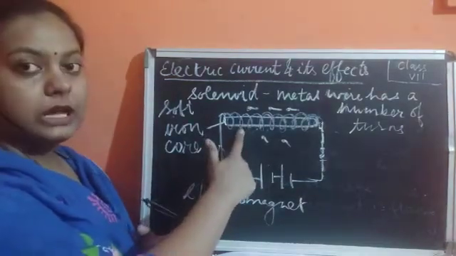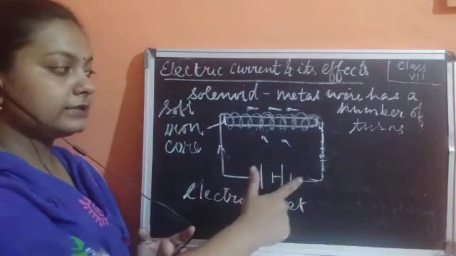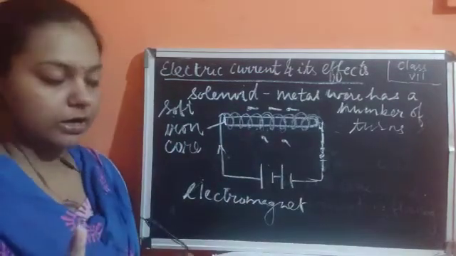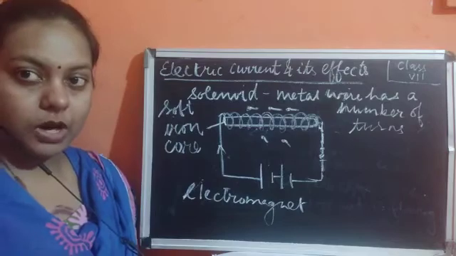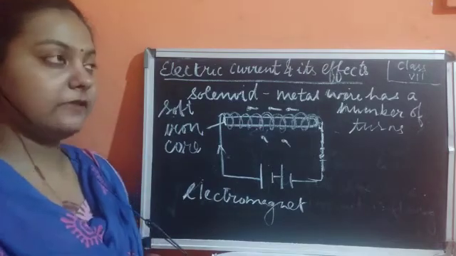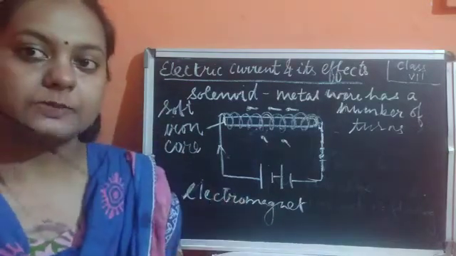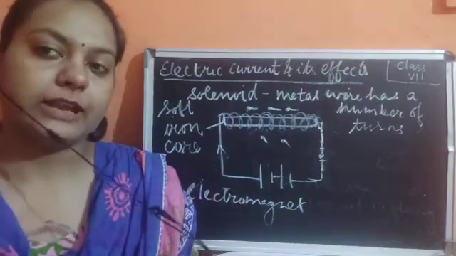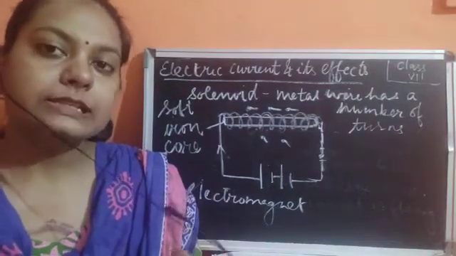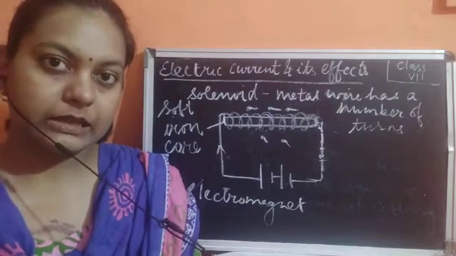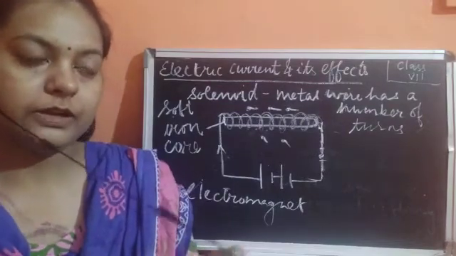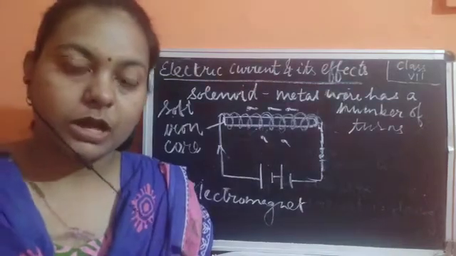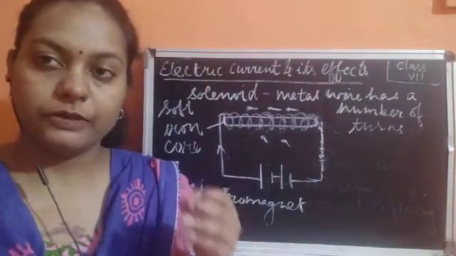This is already present. The only thing is that you need to switch it on. Once the switch is in the on condition, that huge piece of iron starts behaving like an electromagnet. Once it starts behaving like an electromagnet, it could lift and move heavy weights very easily.